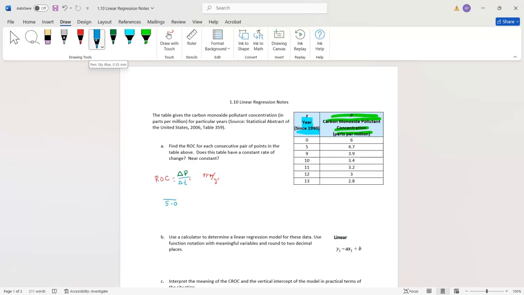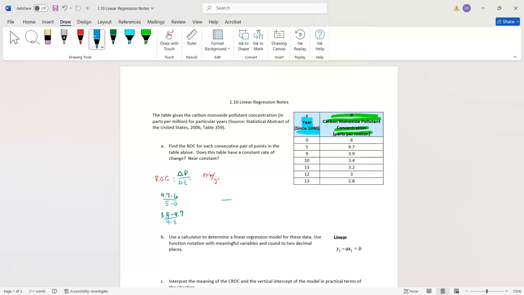So we want 5 minus 0, 9 minus 5, and again, the outputs go on top, so that would be 4.7 minus 6. Then we have 3.9 minus 4.7, and we do this for every single one of these.